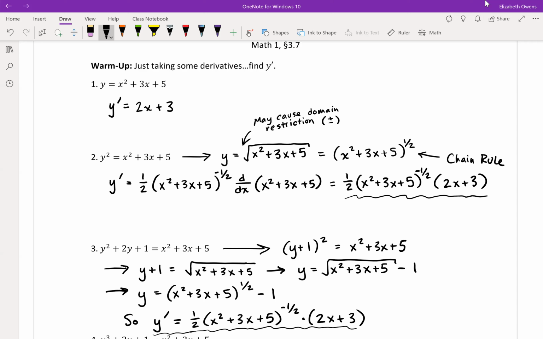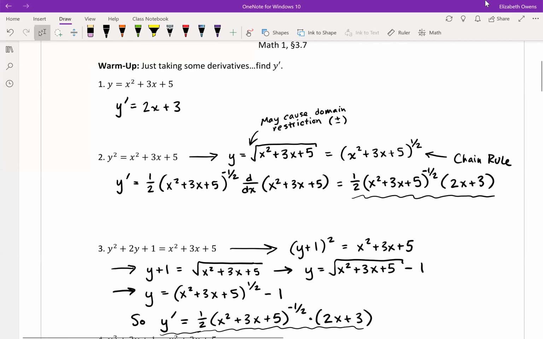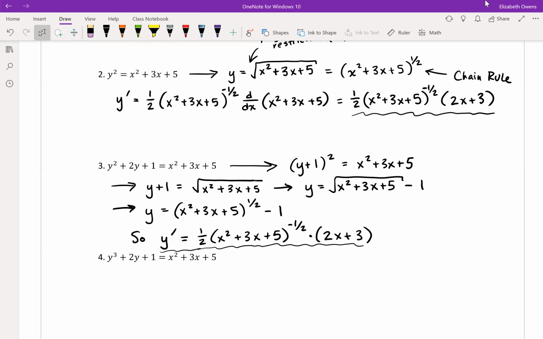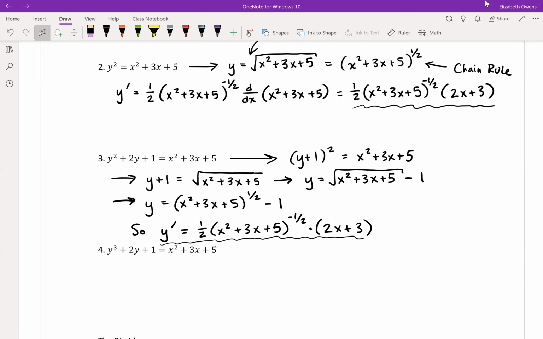Okay, so that's good. And then we come to number 4 here, which just makes a tiny change and says we're going to do y cubed plus 2y plus 1 equals x squared plus 3x plus 5. And if anyone can solve this for y, feel free to go for it.